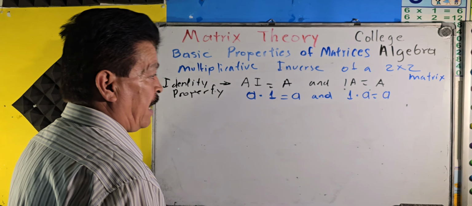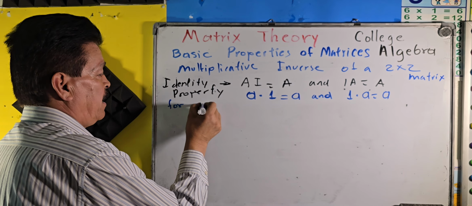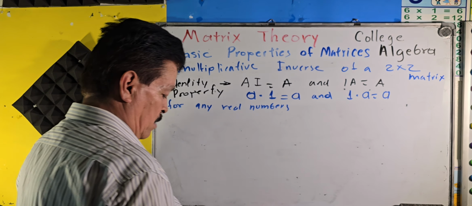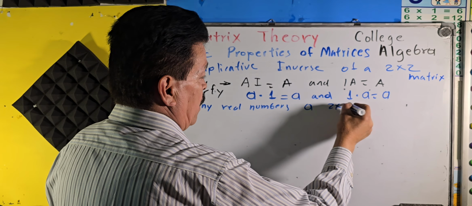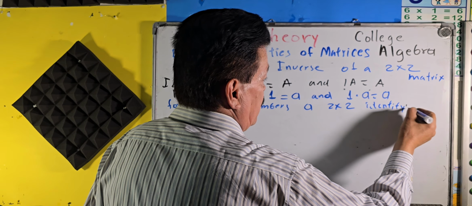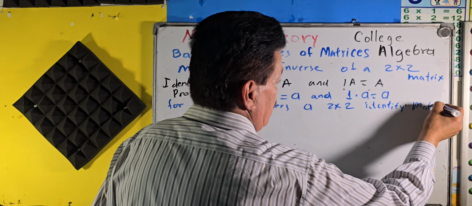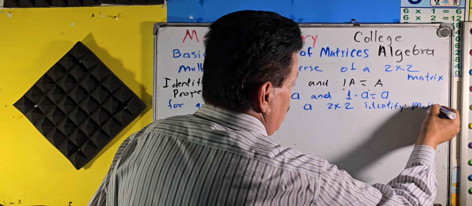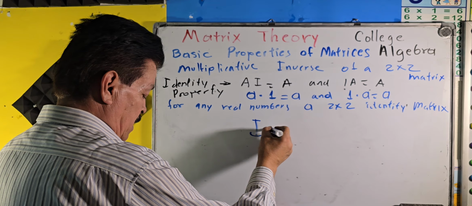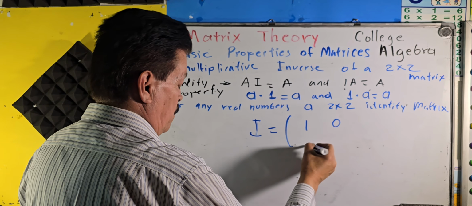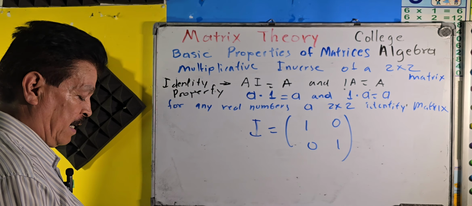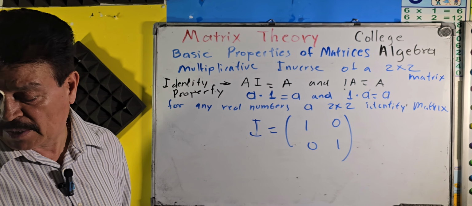For any real numbers a here, for any 2 by 2 matrix A. Identity matrix. Okay, and then it's like this. Identity is equals 1 0 0 1. When you multiply by that, you get the identity matrix.